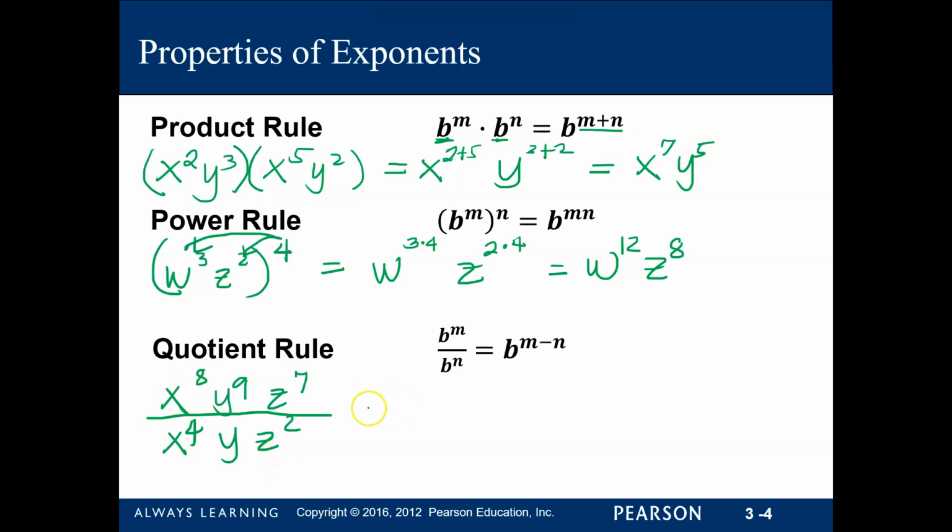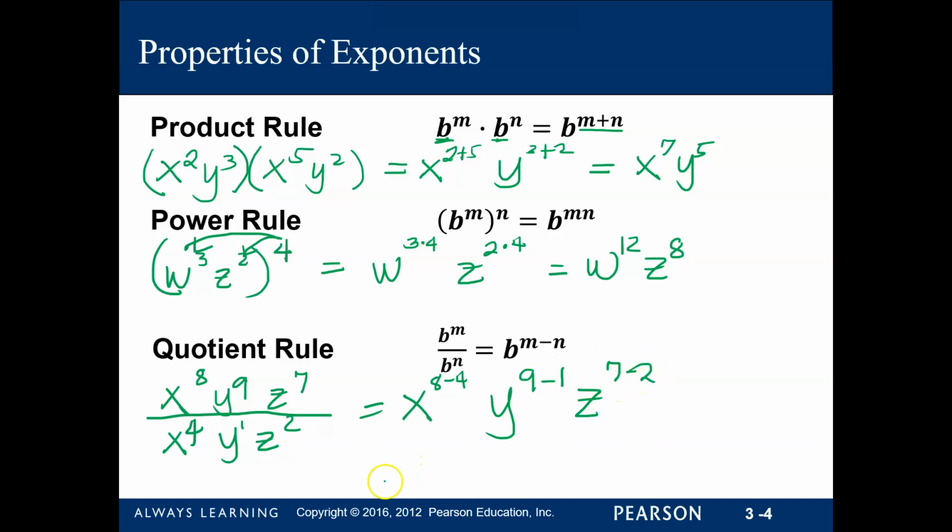Again, you can only apply this to similar bases. x has exponents of 8 and 4, so that would be x to the 8 minus 4. Our y would be 9 minus... y doesn't have an exponent, so technically there's an invisible 1 over here. So that's y to the 9 minus 1. And then z is raised to the 7th and to the 2nd power, so that's going to be 7 minus 2.